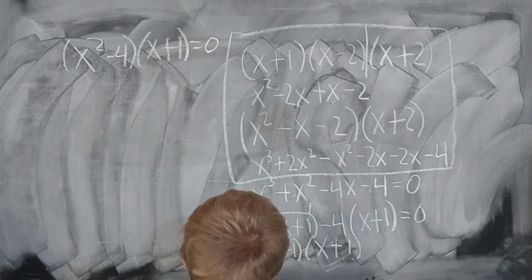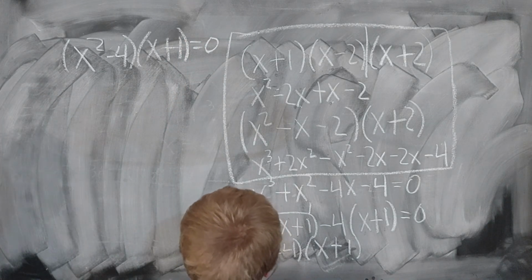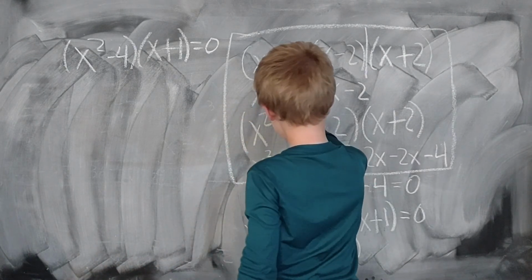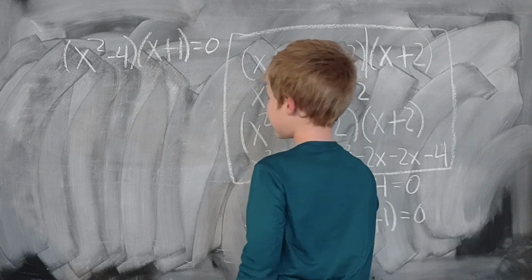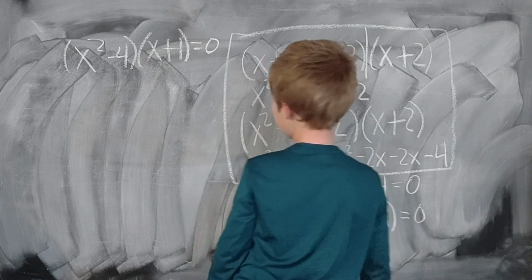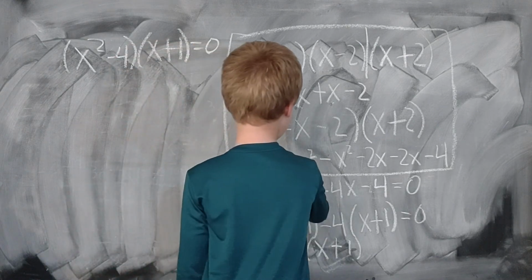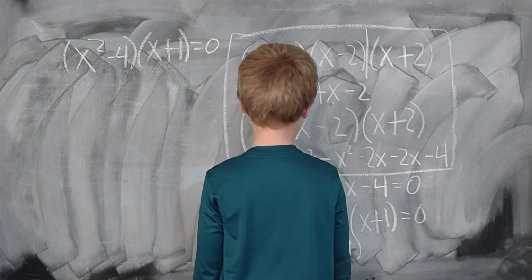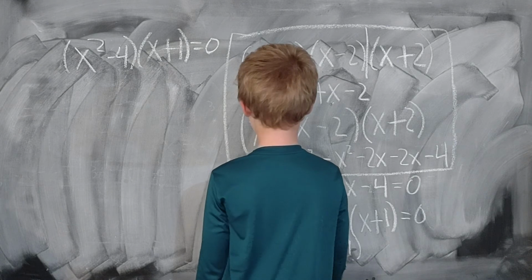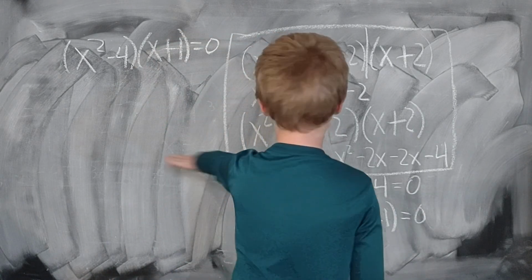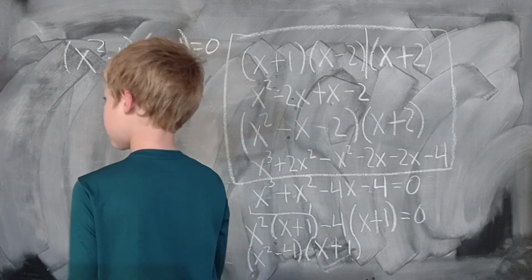Now what? We have to turn it into that. Do we? Okay. So, if we FOIL it, we get that. Do we want to FOIL it? Nope. We want to turn it into that. Do we? Let me give you a little hint.